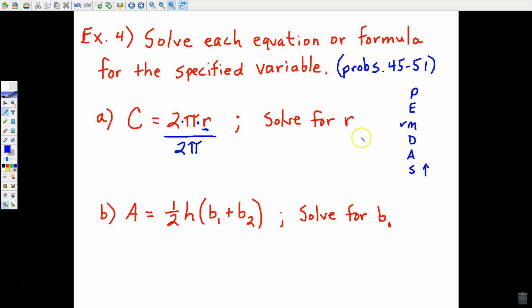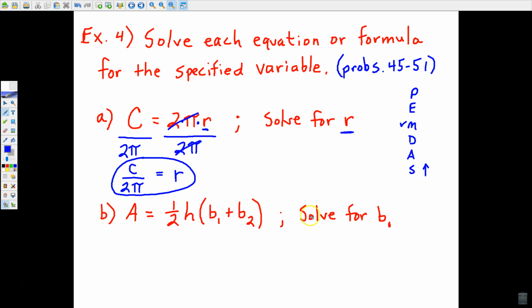So to isolate r, I'm going to divide, the opposite of multiplication, by 2 pi on both sides of this equation. 2 pi divided by itself would just be 1, or we would say 1r, okay? And that takes care of what I was told to do. I've solved for r, I've isolated r, and the left side of this equation is c divided by 2 pi. Okay, and that is my answer.